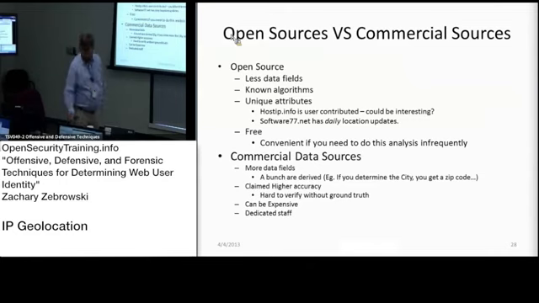So the differences between the open sources and the commercial sources is that basically the open sources just have the location information or maybe one or two other attributes. On the plus side, you are using known algorithms, so you know how they got that information, as compared to some of the commercial sources where they basically aren't sharing that information with you.